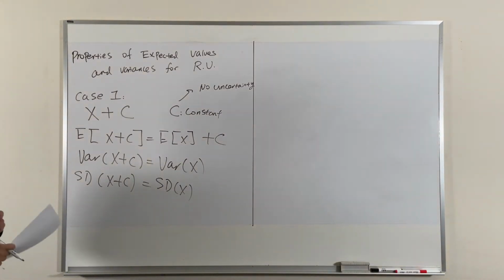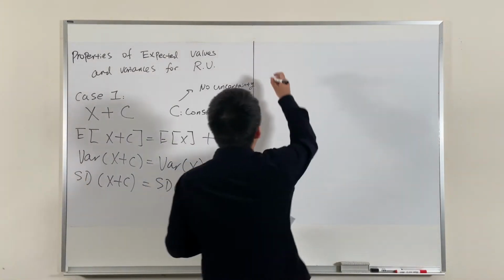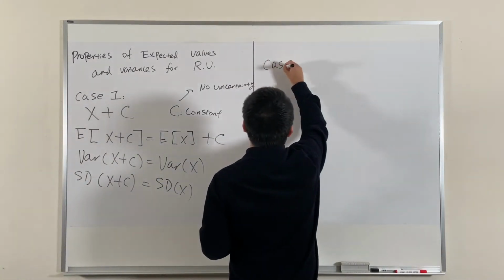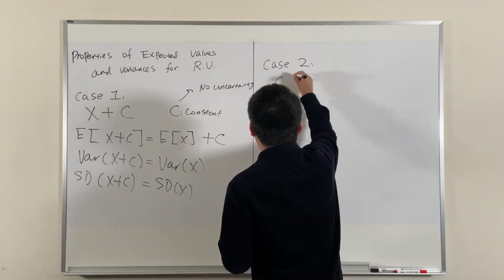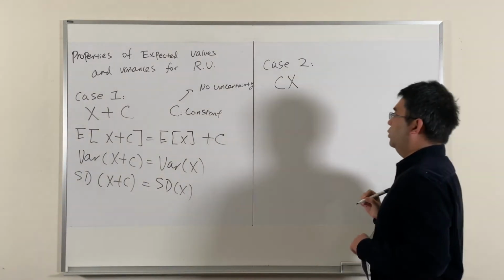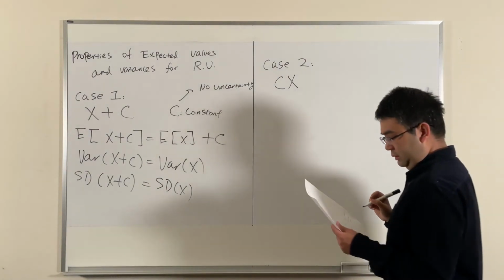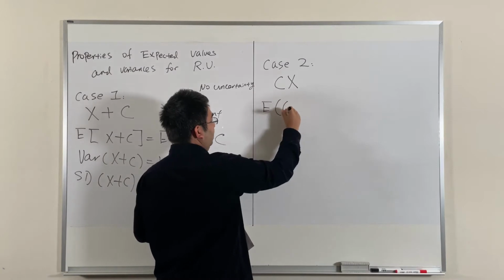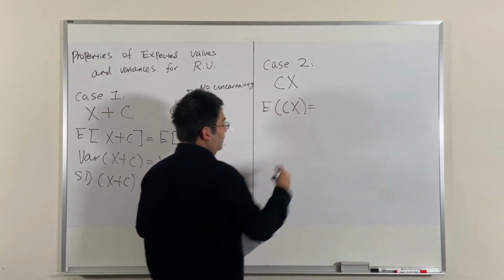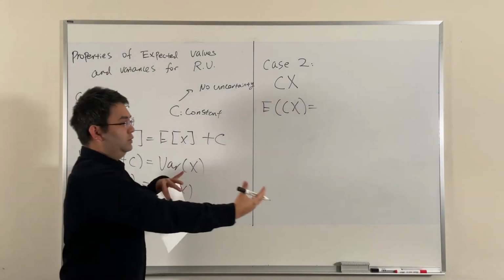This is Case 1. Next, we're going to talk about Case 2. Case 2 is when you have a constant multiplied by your random variable x. For this case, the expected value of cx equals c times the expected value of x. C is a constant, so you just factor it out.